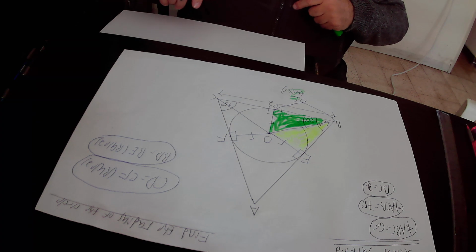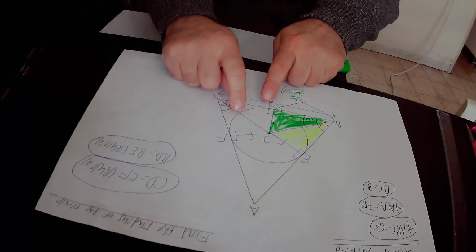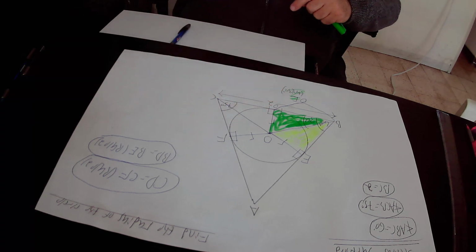In the next step, we repeat the same process on those two right triangles.